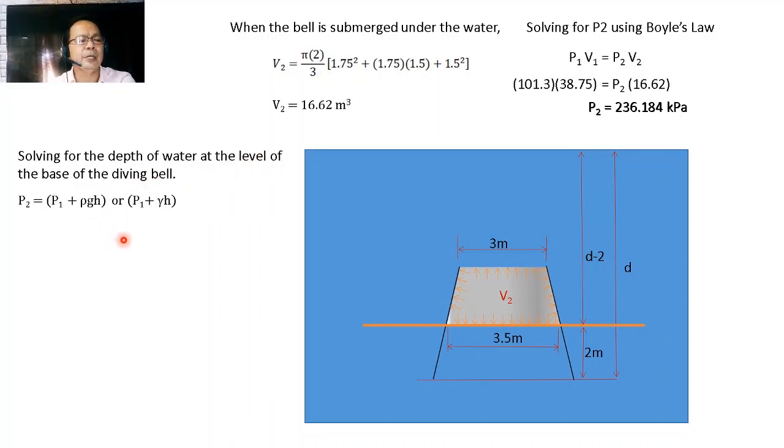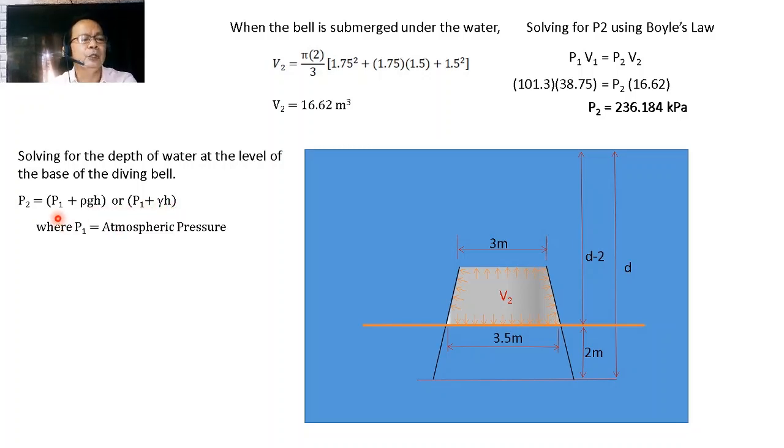So we shall be getting the value of the pressure using the variation of the pressure, that P sub 2, representing the pressure at this point, is equal to P sub 1, which is the pressure at the atmosphere, plus rho g h, or P sub 1 plus gamma multiplied by h.